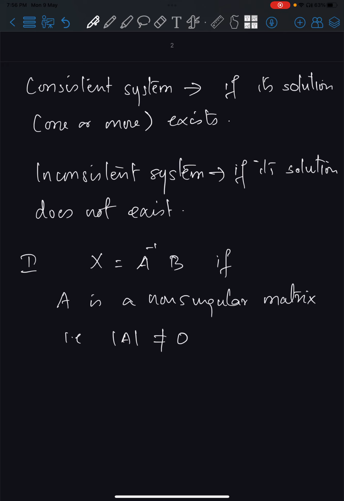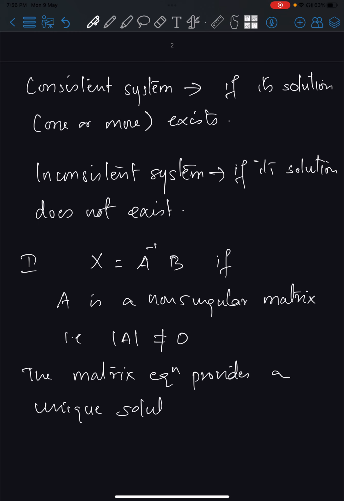So if A is non-singular, its inverse exists, and we get a solution X is equal to A inverse into B. So in this case, the matrix equation provides a unique solution for the given system of equations.